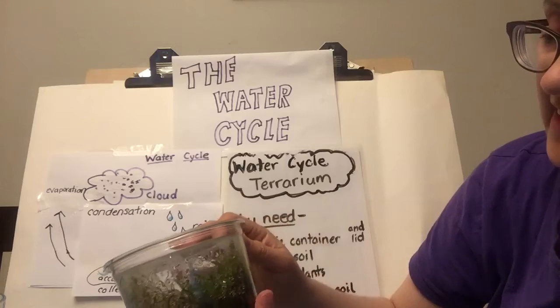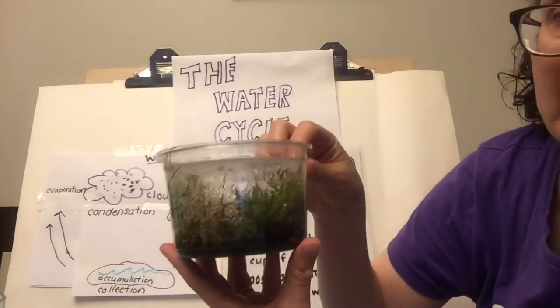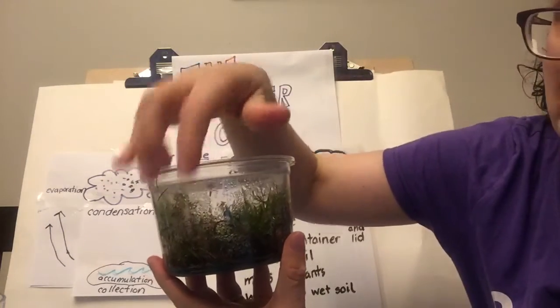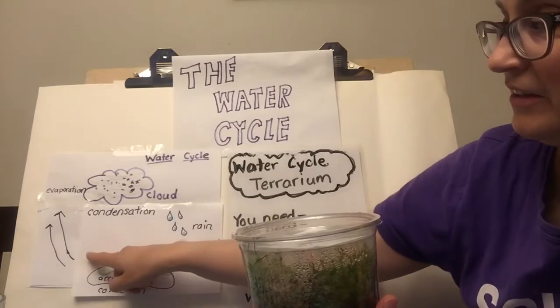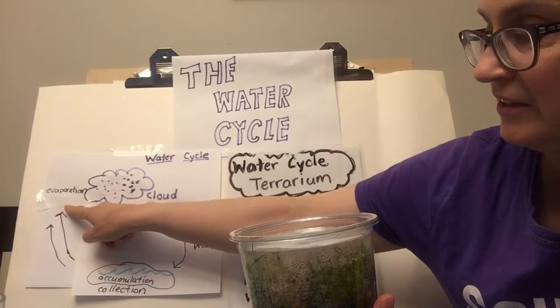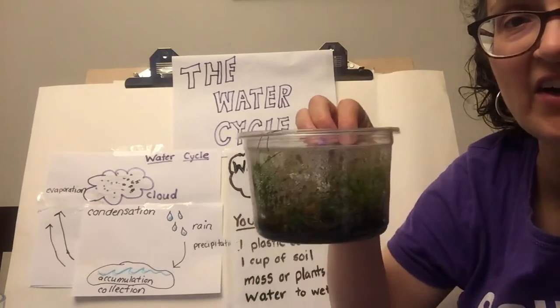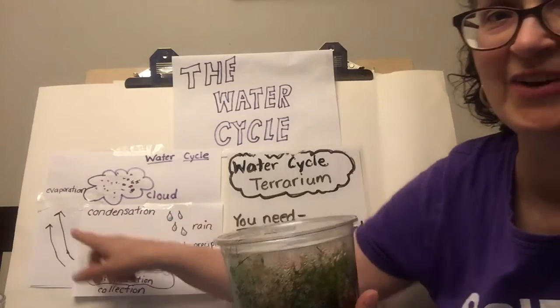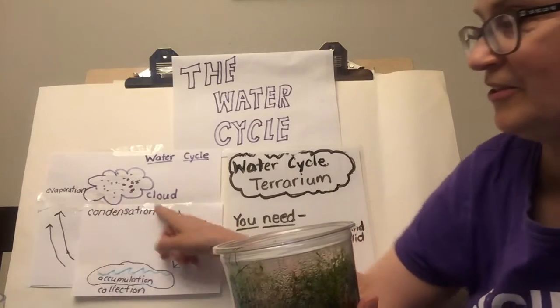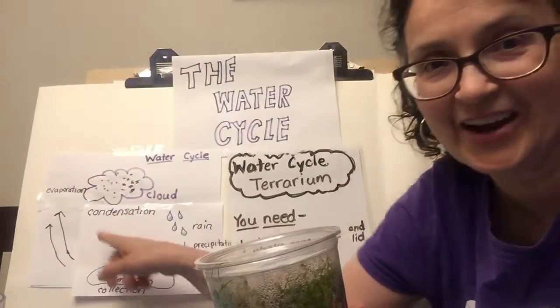And then the sunshine shining into your terrarium will create the last part of the water cycle, evaporation. And because you keep the lid on, this cycle will go around and around. The water cycle goes around and around.